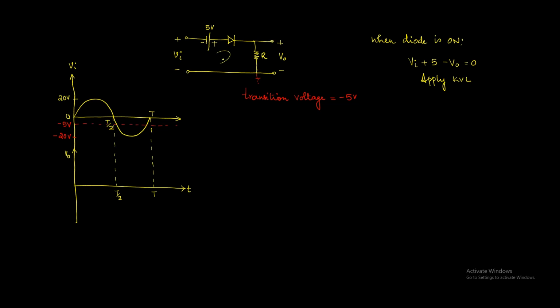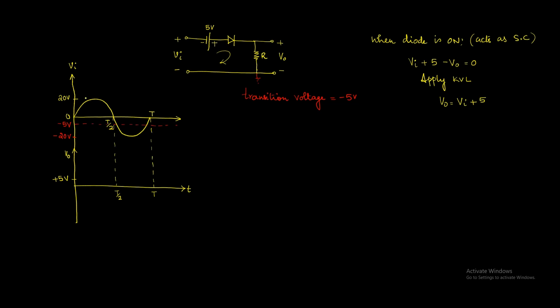And when the diode is on, it will act like a short circuit, because of which we get this particular equation. Now when the diode is on, you get the output voltage V0 is equal to Vi plus 5. So let us analyze for each and every case, because we should be able to draw the waveform.